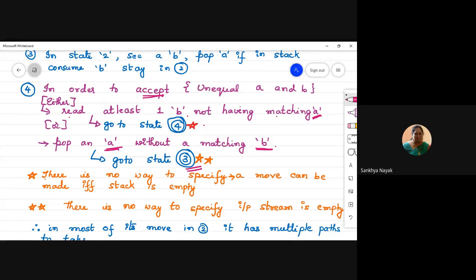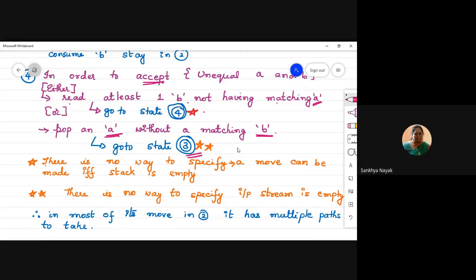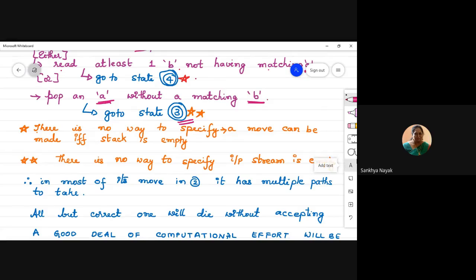And as I said again, there is no way to specify a move which can be made if and only if stack is empty. In the previous case, we did 2 moves. So whenever you got a B, actually stack is empty means you should be going only to 4 and not just take 2 paths. Okay, you should not be there in 2 also and go to 4 also. But that's what we are doing.